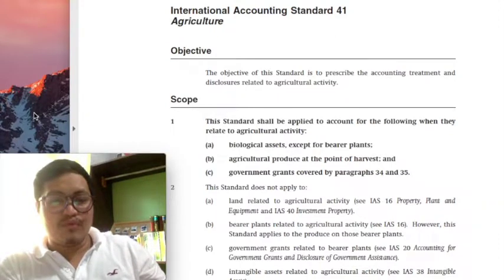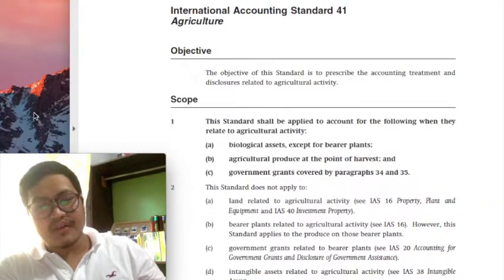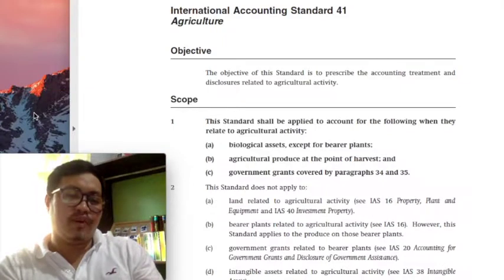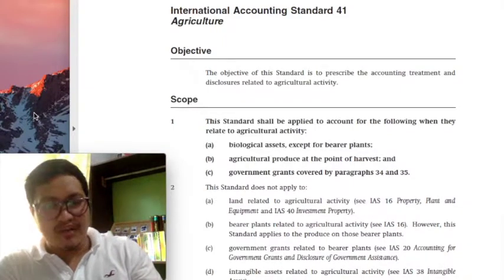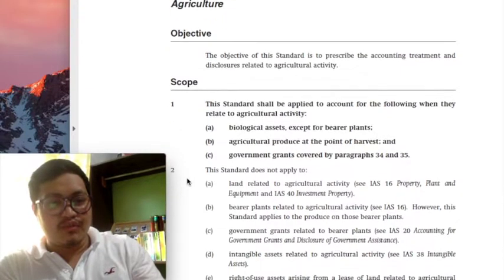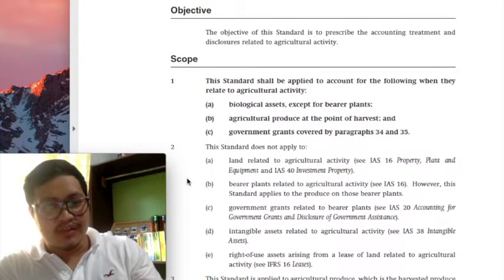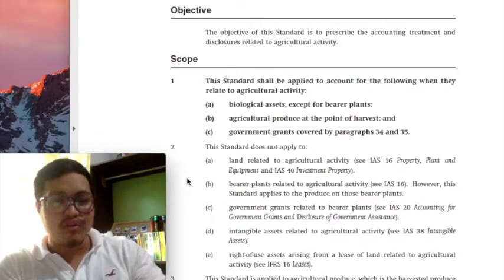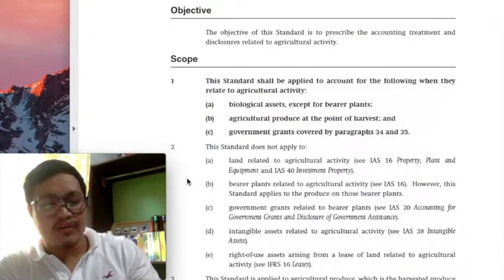Okay, in paragraph 2 here, class, we're given items that are not governed by PAS 41 and they are excluded from the scope of PAS 41, understandably so, because they pertain to a transaction that is specifically governed by another standard.